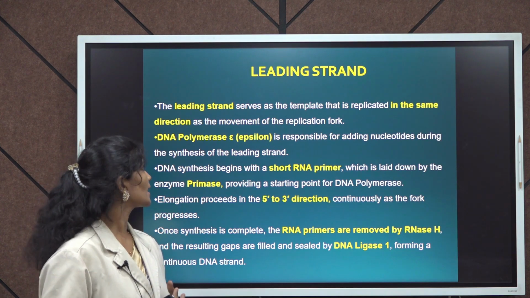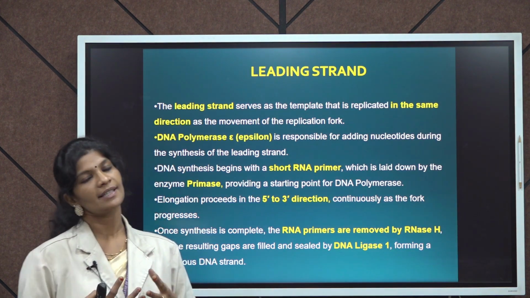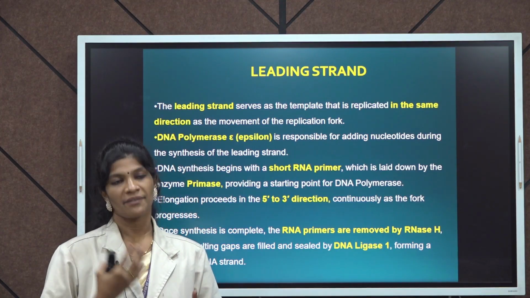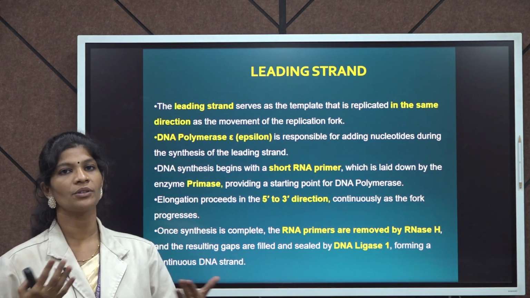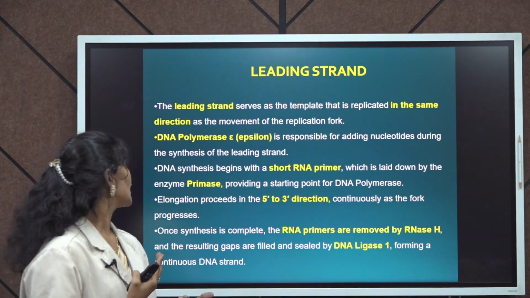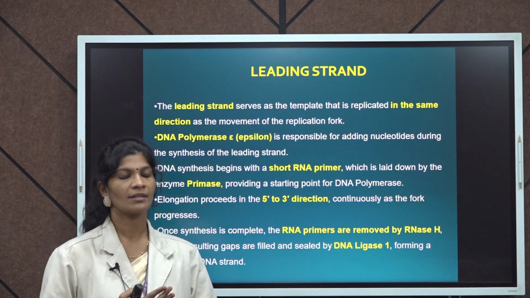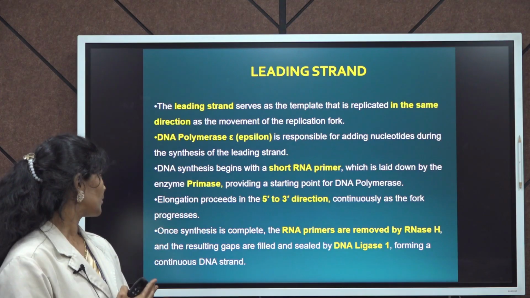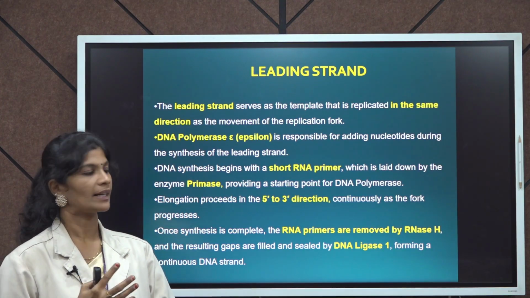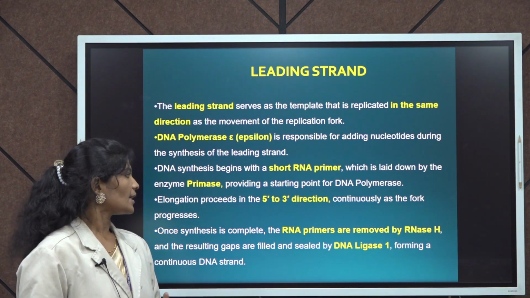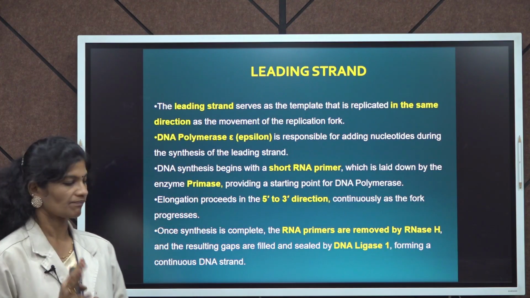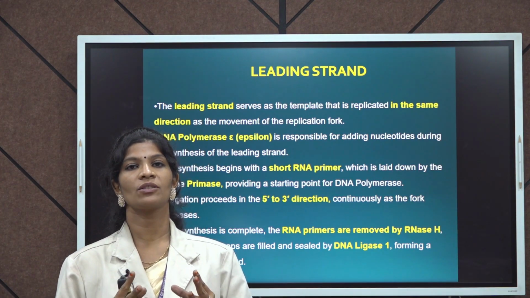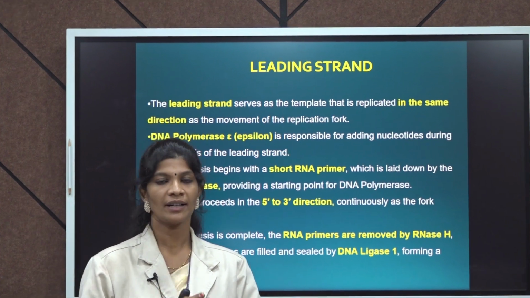The leading strand, as I said before, is a continuous one since it takes place in the 5' to 3' direction. DNA polymerase epsilon is responsible for the addition of nucleotides to the growing strand, and primase enzyme is responsible for the addition of the short RNA primer to the growing strand.